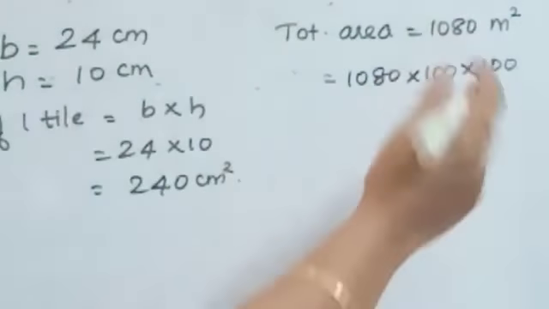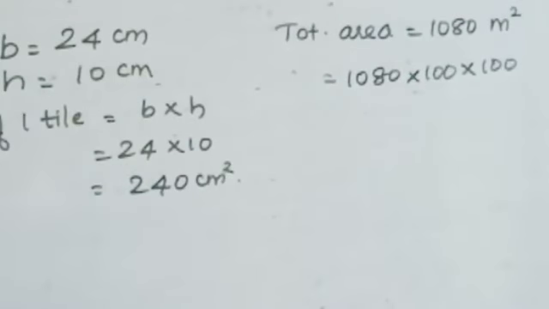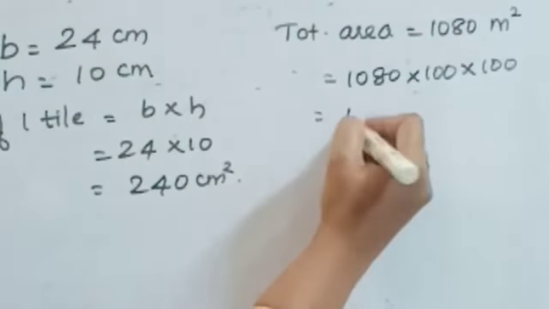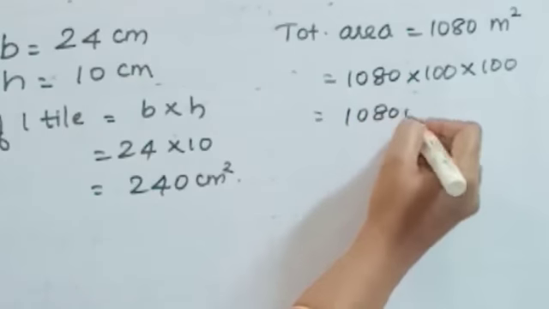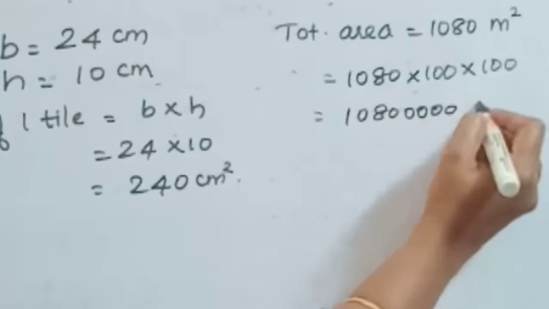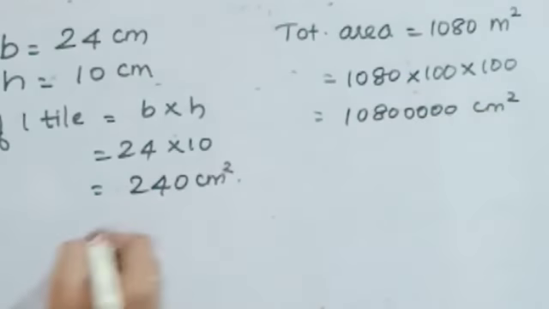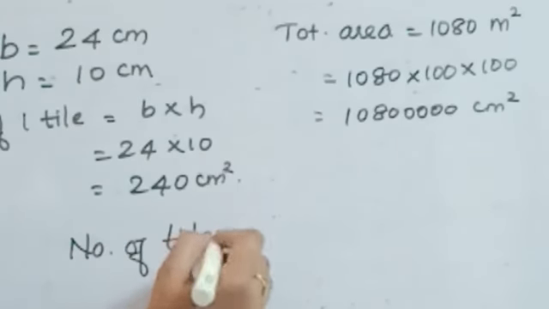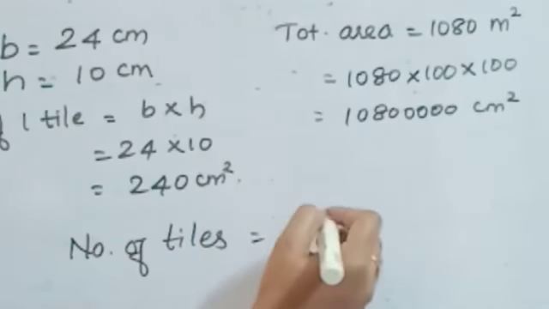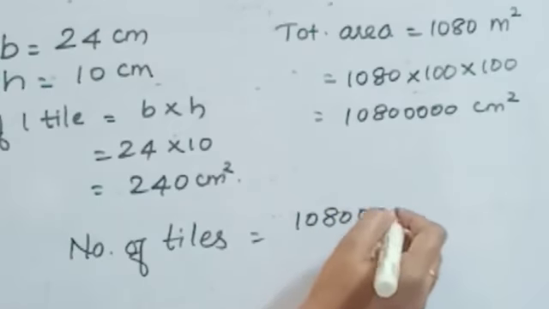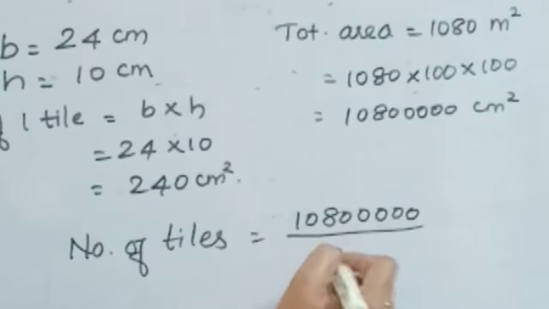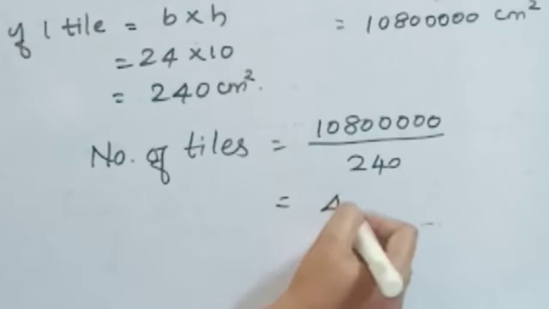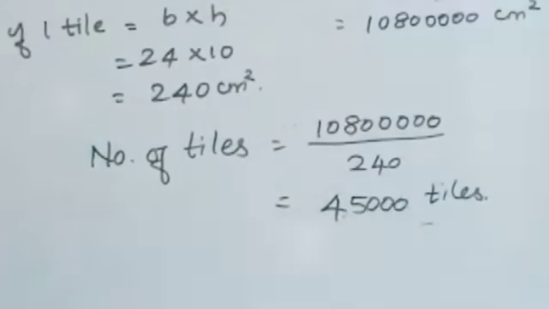Here we have meter square, so let me multiply it by 100 into 100. That is 10,000. So we will have 1080 followed by 4 zeros centimeter square. So now we need to find the number of tiles required to cover the floor, and for that just divide both by 240, so that after dividing we get 45,000 tiles.